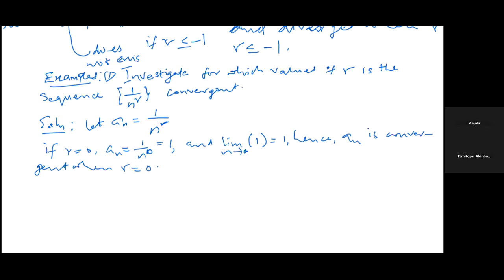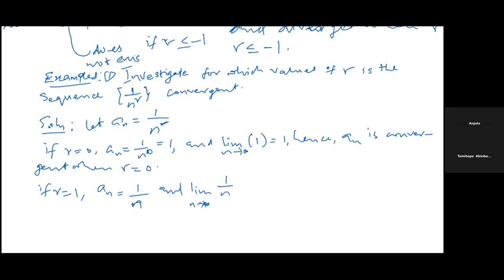Now, it follows our rule. If r equals 1, an equals 1 over n raised to power 1, which is 1 over n. Now, what is the limit as n tends to infinity of an? That is the limit of 1 over n as n tends to infinity.